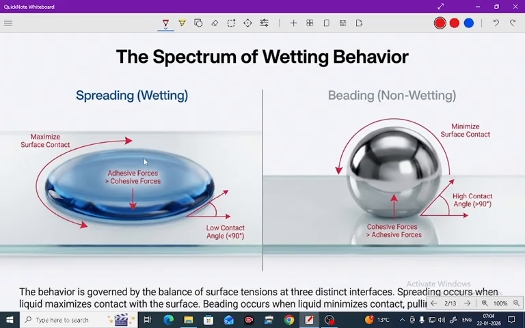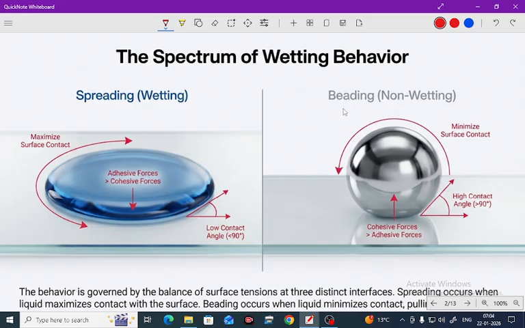Spreading: the water is spreading, maximum surface contact, low angle, and this angle of contact is less than 90 degrees.